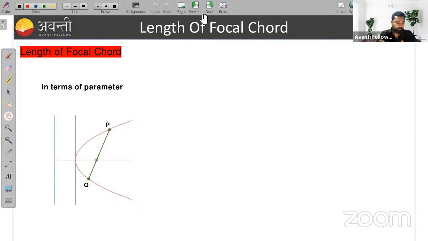Now, the length of focal chord in terms of parameter. If the parameter is given, then how can you find the length of the focal chord? Suppose the parameter for the point P is t1, and for Q it is t2.